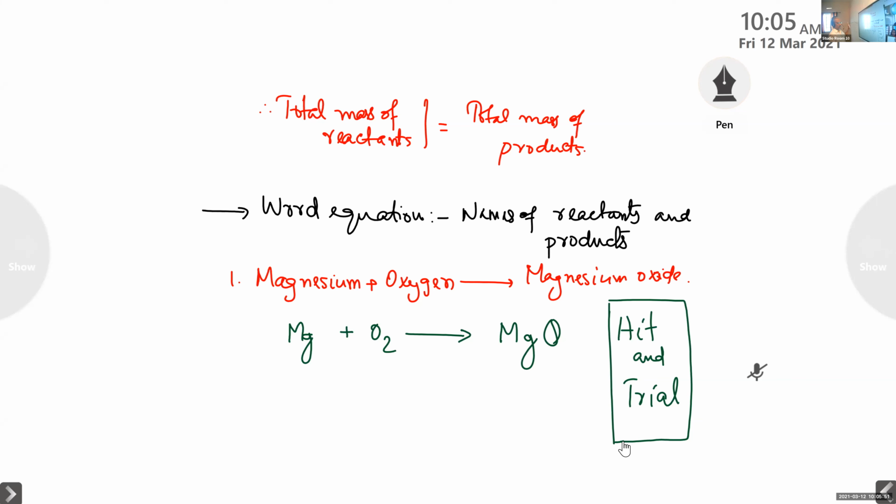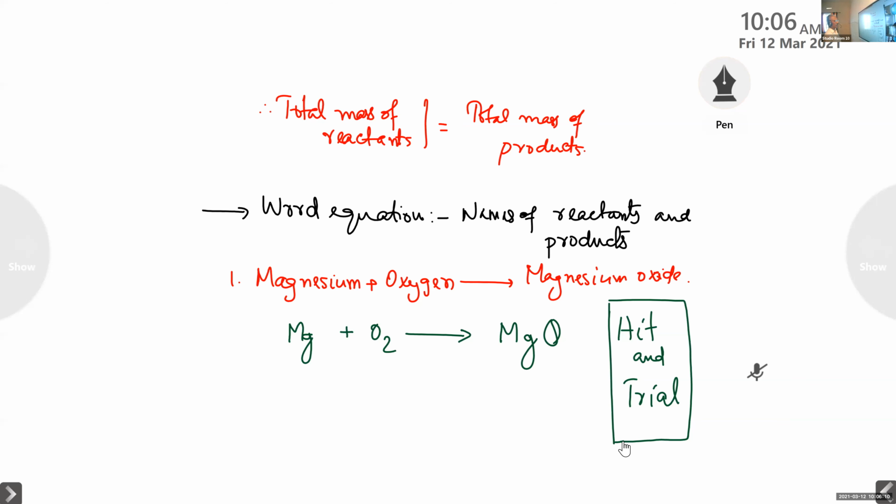Mg reactant 1. In the product, magnesium oxide, 1 Mg is balanced. So there is no meaning in starting the balancing with magnesium. You try with oxygen. Oxygen atoms are not equal.